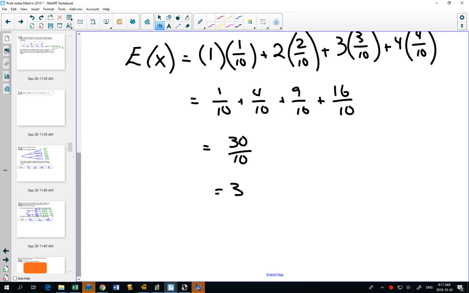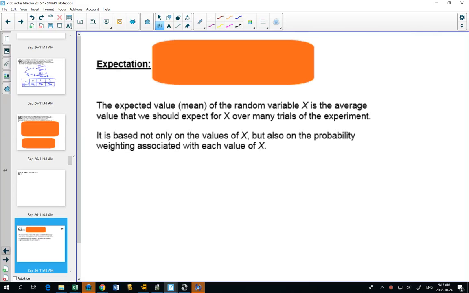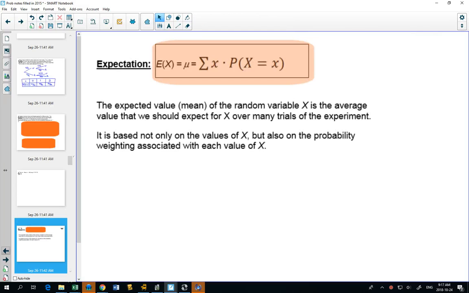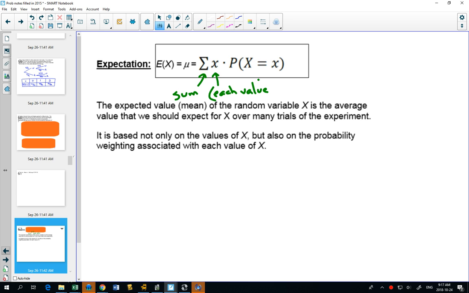So if we go back to our previous screen and look at the formula for expectation, it says it's a sum of each value times its probability.